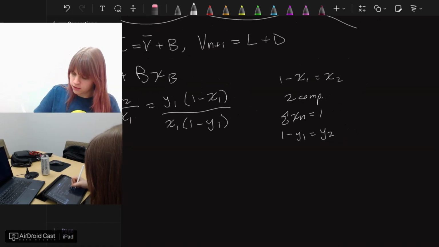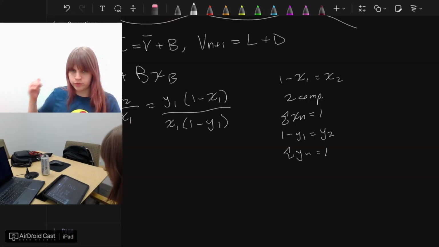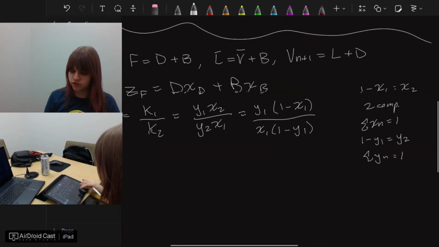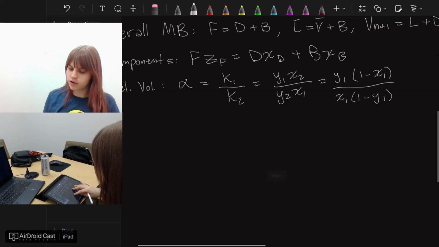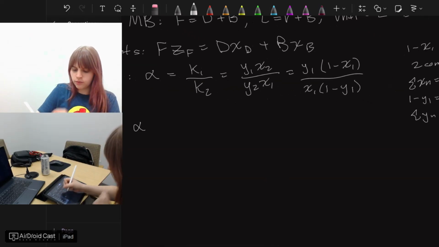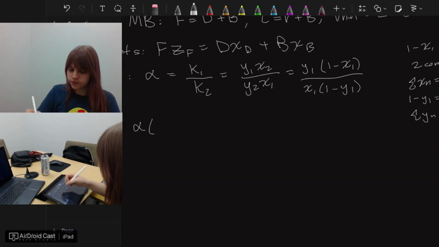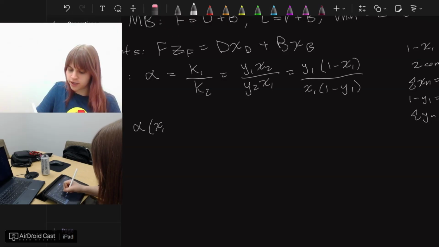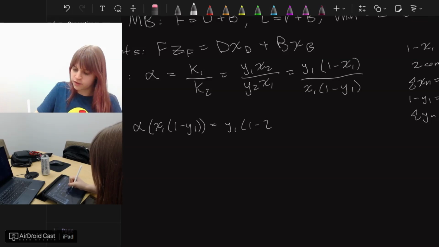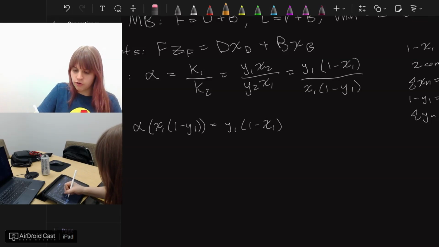And I'm just going to write this for my own sanity, but obviously all of the vapor components need to add up to 1 as well. So if we multiply our alpha by the denominator, we get alpha times X1 times 1 minus Y1 all equal to Y1 times 1 minus X1, and we would like to solve.